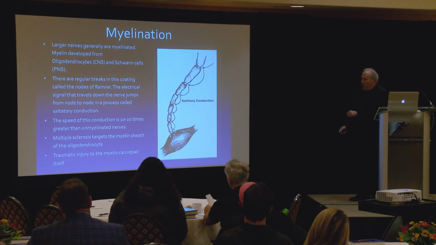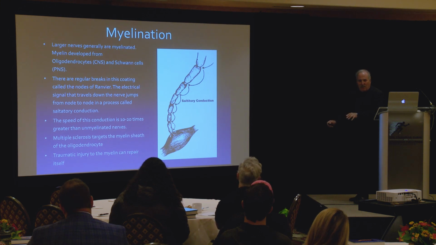And everybody remembers myelination, where you have these fatty cells, either the oligodendrocytes in the central nervous system or in the peripheral nerves, the Schwann cells. And these wrap around the nerves and create saltatory conduction. So the signal skips from one to the other, and increases conduction speed by 10 to 20 times. Huge increase.